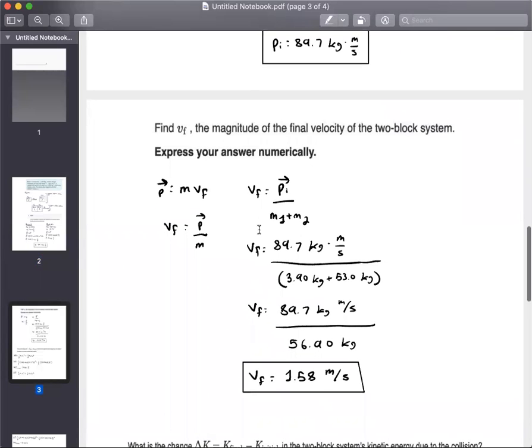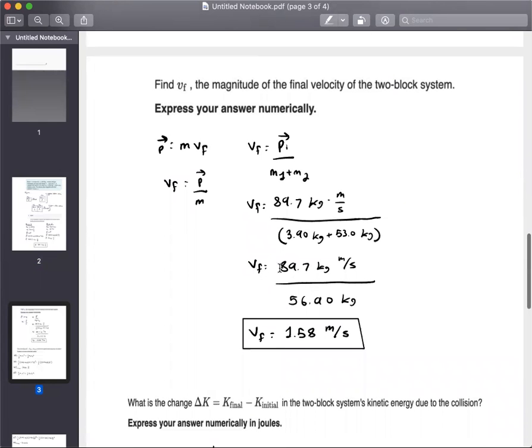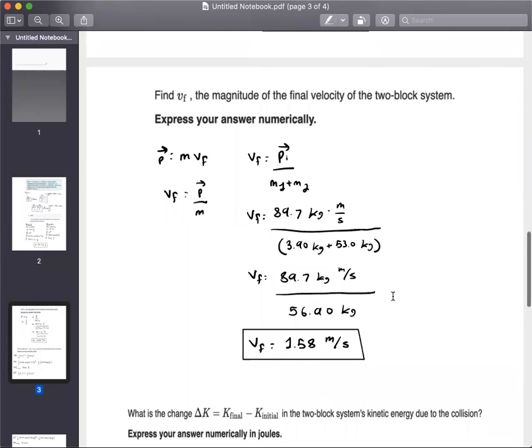So the final velocity is the initial momentum of the system, calculated above, divided by the sum of the two masses. We get 89.7 kilograms meters per second divided by 56.9 kilograms, and the magnitude of the final velocity is 1.58 meters per second.